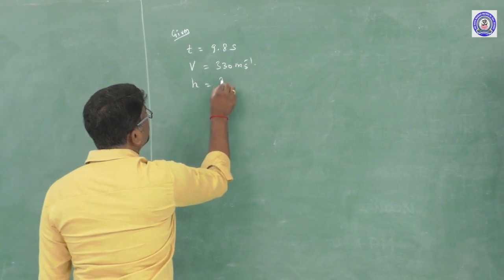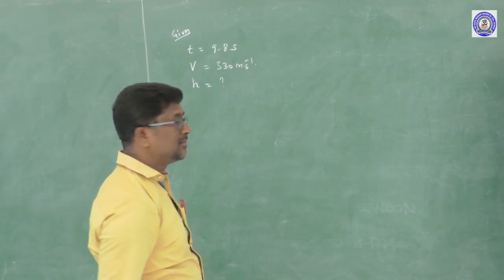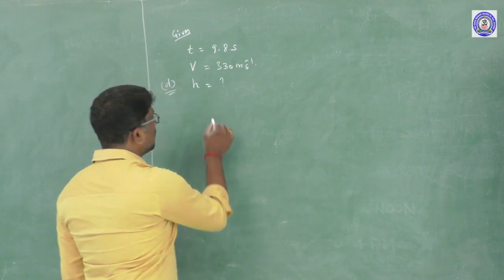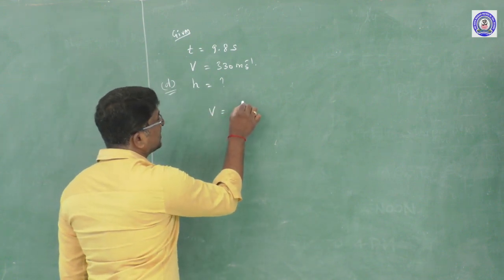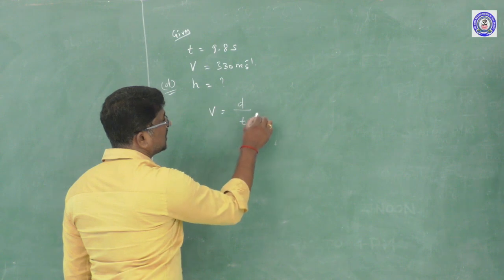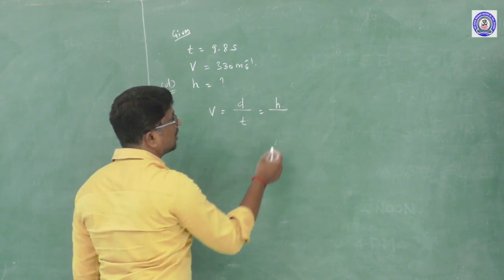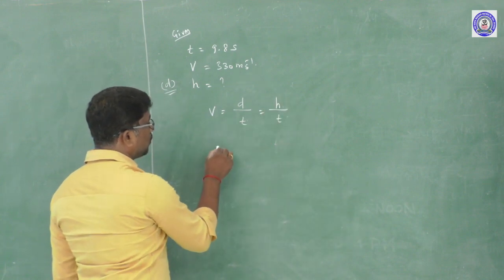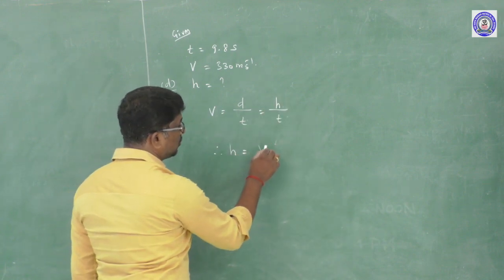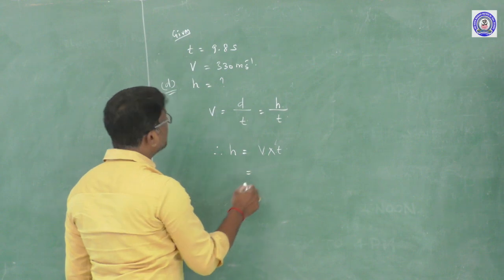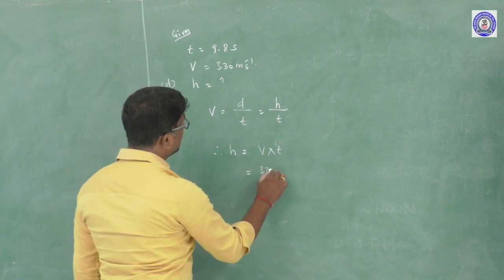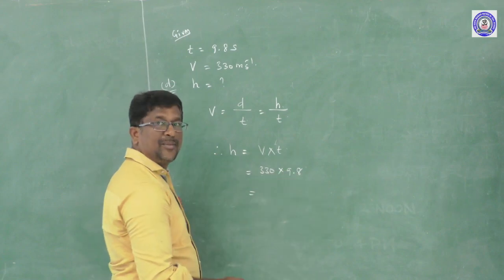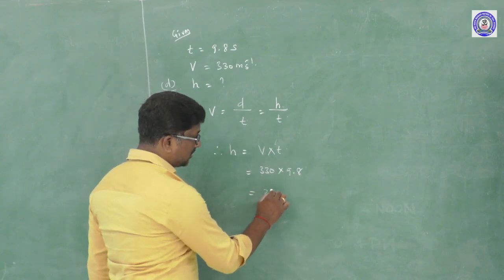We need to find the height of the cloud. Height means distance. Right? Velocity is equal to distance divided by time, so the height of the cloud h is equal to v into t. The velocity value is 330 and the time value is 9.8. 330 into 9.8.